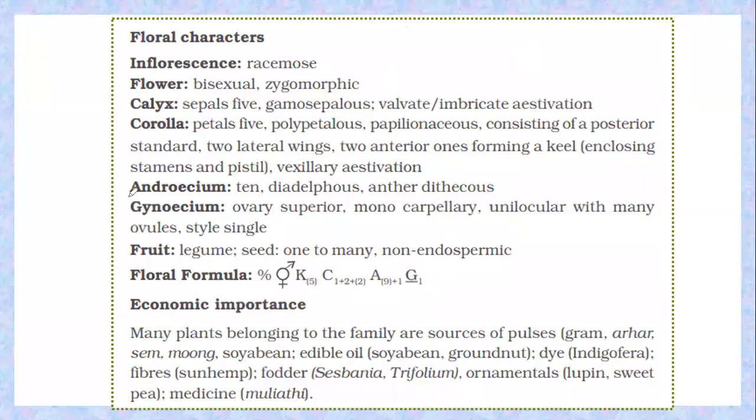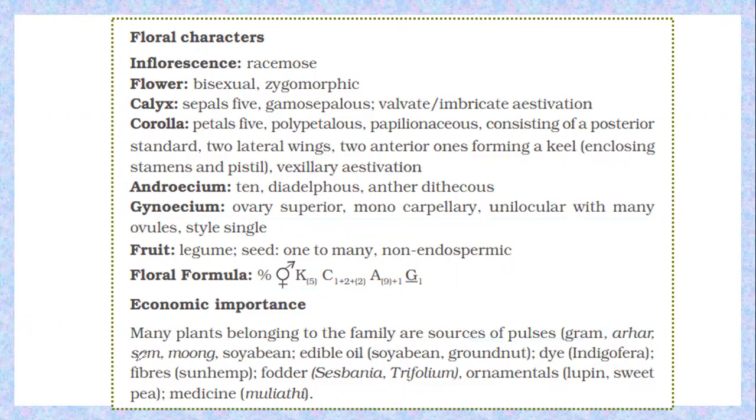Androecium has 10 stamens in the diadelphous condition, and gynoecium is superior ovary, monocarpellary. We have studied monocarpellary. So this is the floral formula, which is very, very important. Study the examples, which are 100% previous year questions and can be your question.